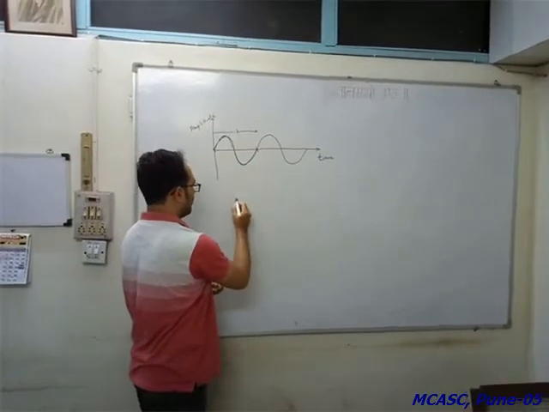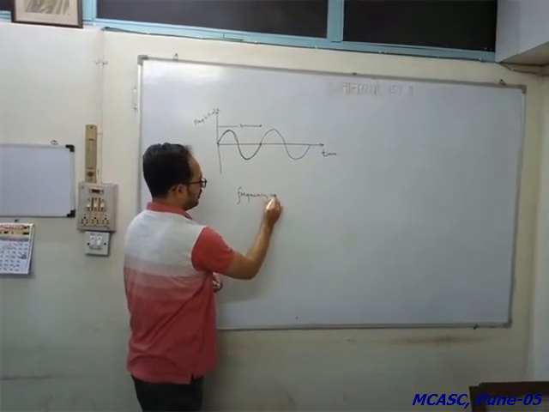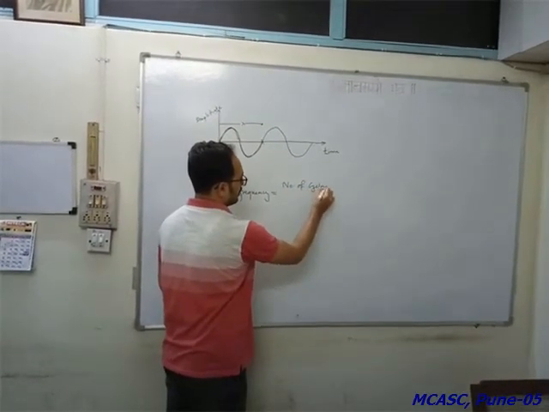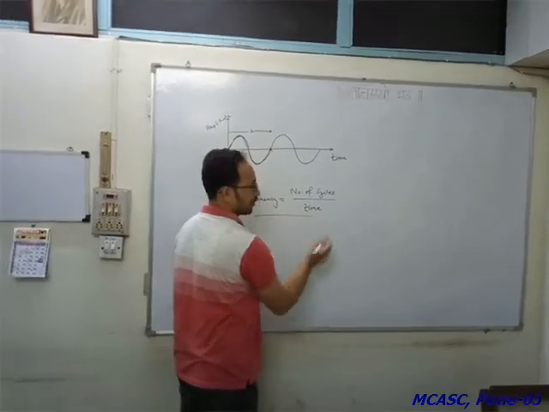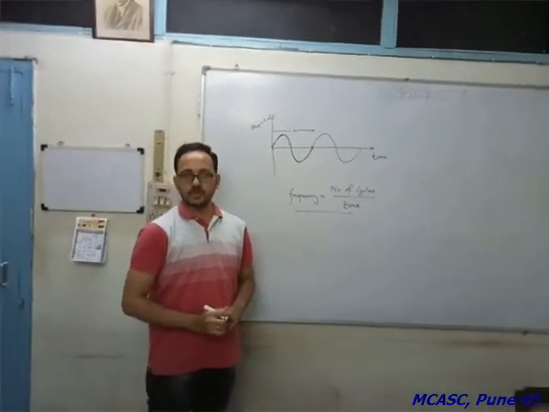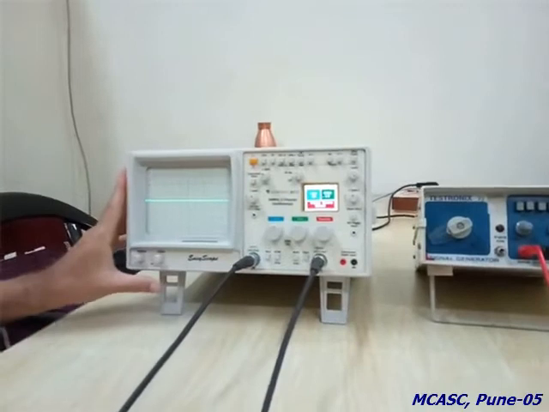So basically frequency is the number of cycles per unit time. We are going to measure frequency using a cathode ray oscilloscope. This is the CRO panel.